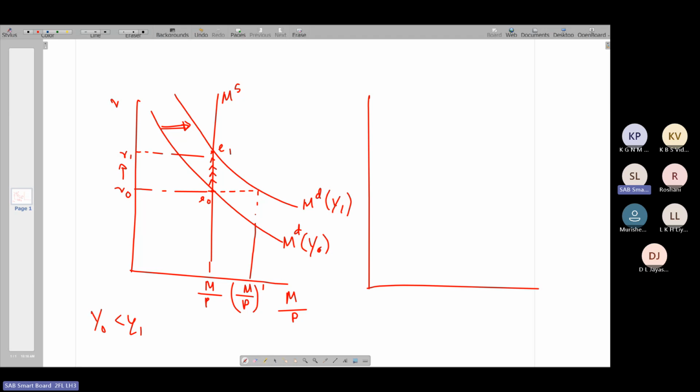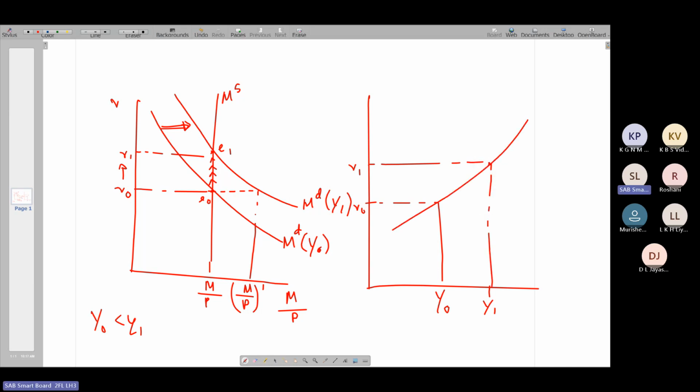So at income level Y0, the interest rate is R0. These are the equilibrium points. By looking at the equilibrium points, we can derive the LM curve, because the LM curve represents money market equilibrium. When income level increases from Y0 to Y1, the interest rate also increases to R1. That is another point we can take.